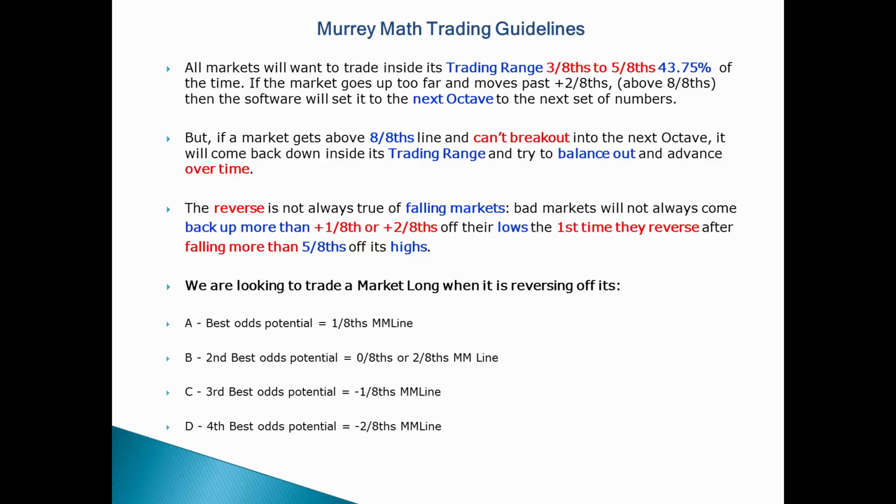Now, in terms of breaking out above the 8/8 or failing to, or back to the 0/8, right? Markets go down faster and harder and are more negative to the downside than they are to the upside. So as such, when prices are moving down to the 0/8, which is the lower end of the range, they may not always trade back deep into the range.